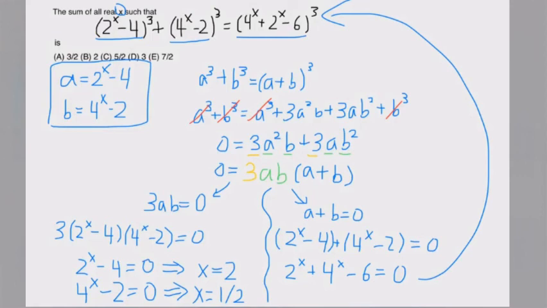So we can also say that's equal to 6. Now, if we take a look at this, we know 2 + 4 equals 6. So in this case, x would be equal to 1.